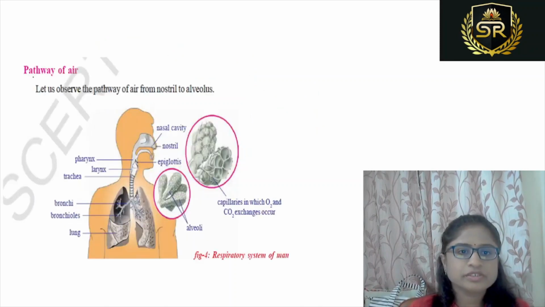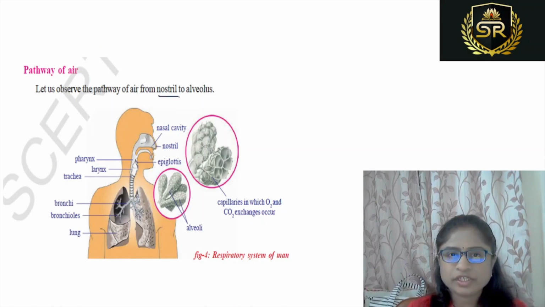This is the pathway of the air. From the nostril it enters, and finally in the lung we have the alveoli. The nostril is the first place where we inhale air, and then it enters the nasal cavity and the pharynx. The epiglottis is a flap-like structure which helps air go into the trachea.